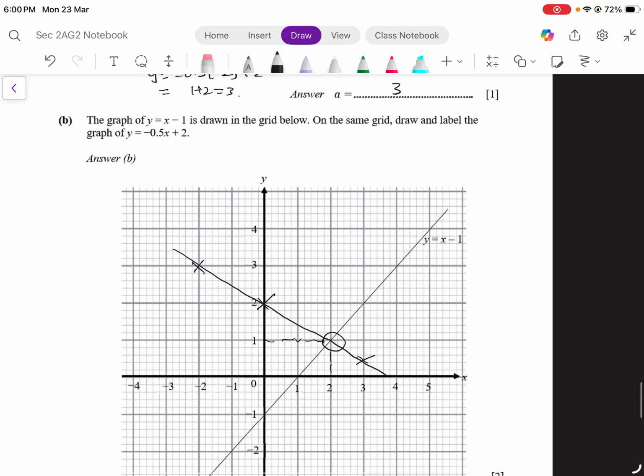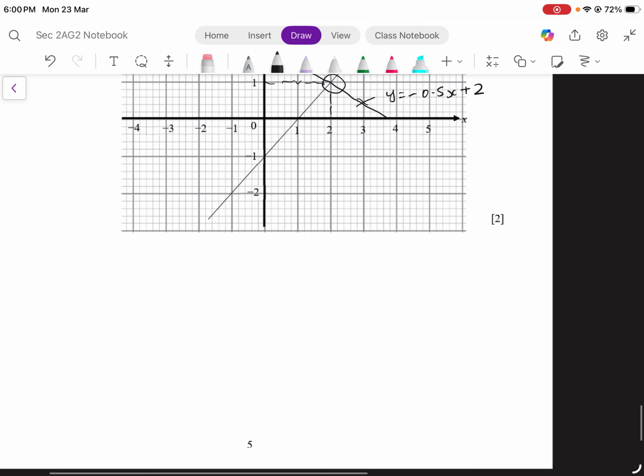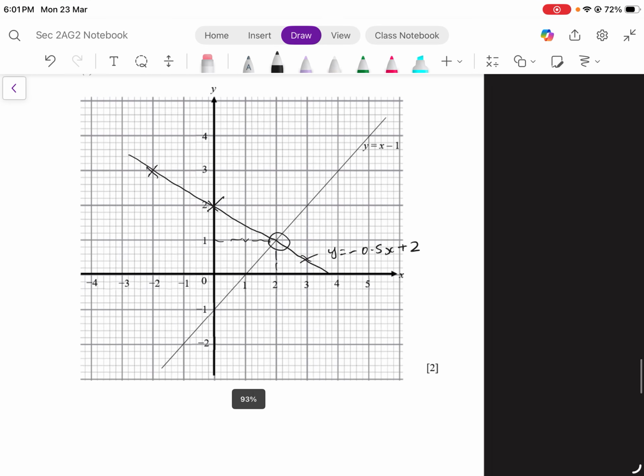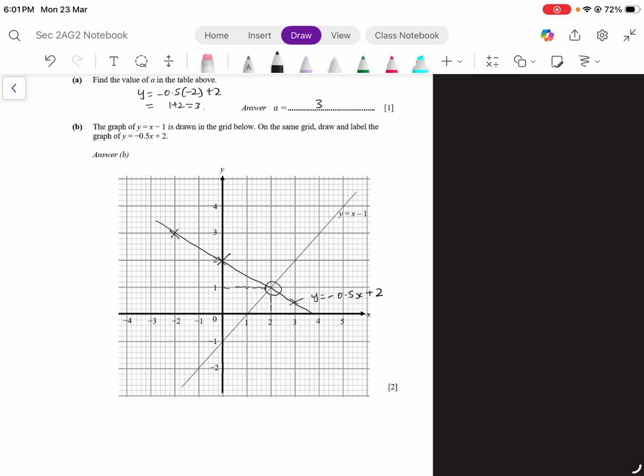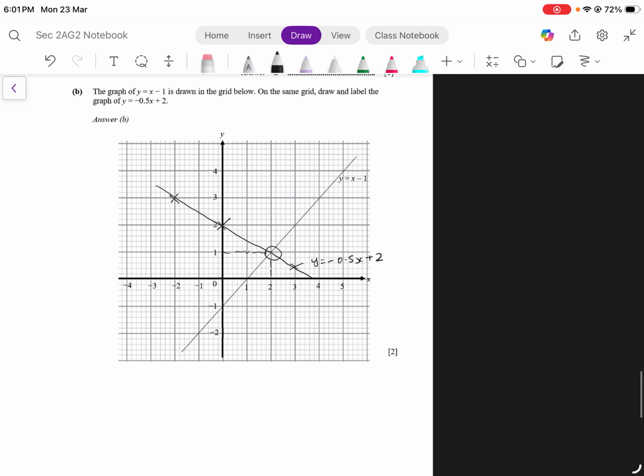Just label first: y equals minus 0.5x plus 2. I think there's supposed to be one more question asking for the answer to this simultaneous equation by graph method. You should know that x equals 2 and y equals 1.